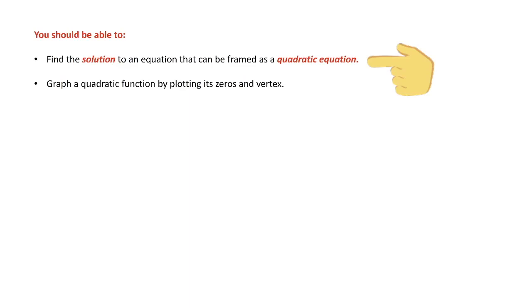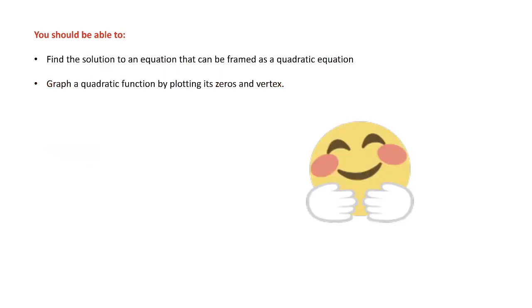And you should be able to graph a quadratic function by only the zeros and the vertex. That's it. You shouldn't have to go plotting 10 points. It should be very efficient. Find the zeros, find the vertex, put those on the graph, and you're done.